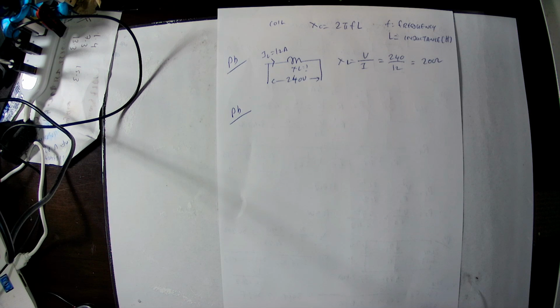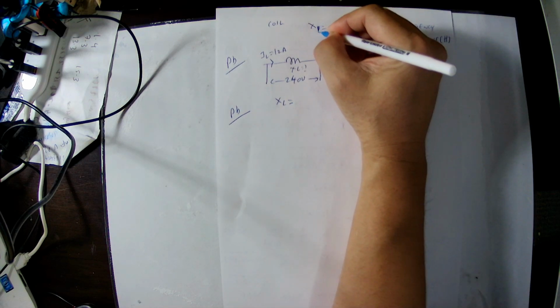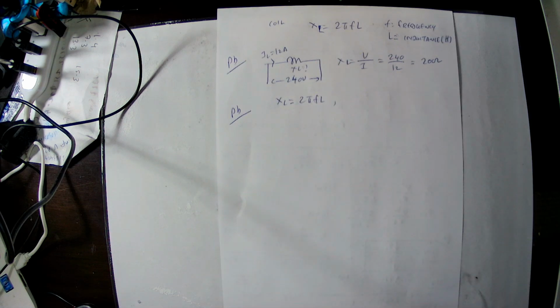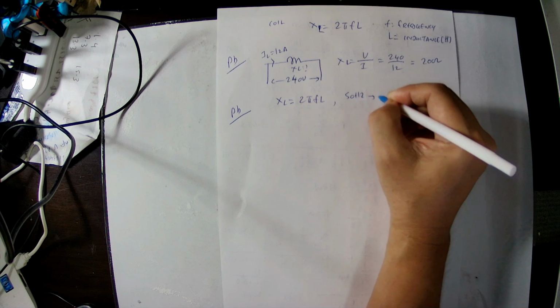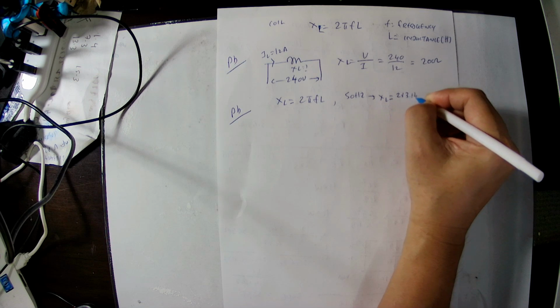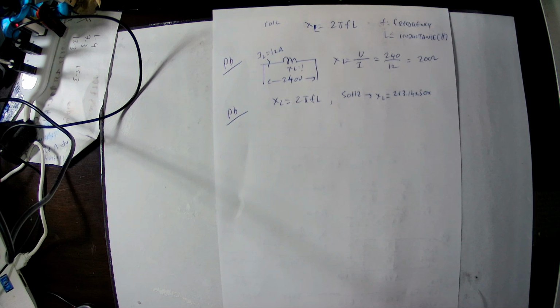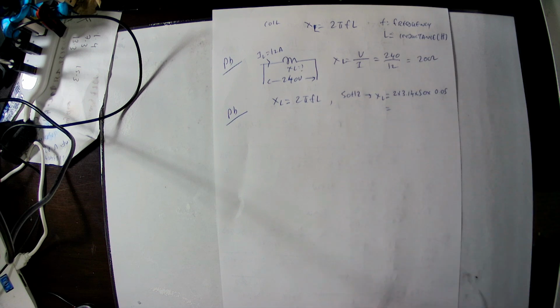In this case, XL equals 2 pi f L. If you connect the 50 hertz supply, 2 into pi is 3.14, frequency 50, inductance value 0.05 Henry. By solving this, that would be 15.70.